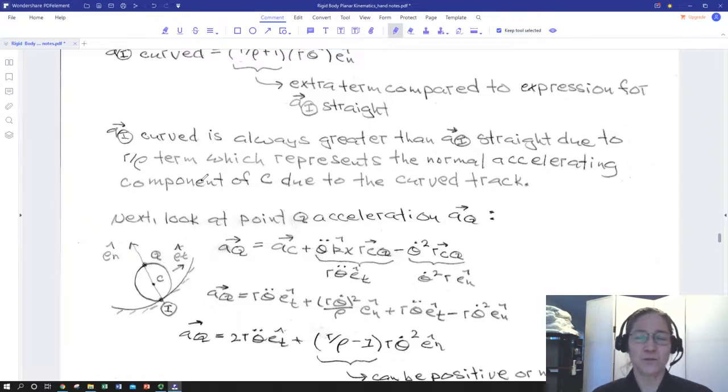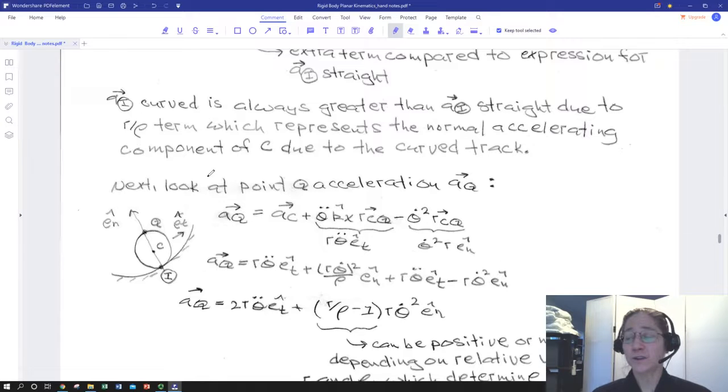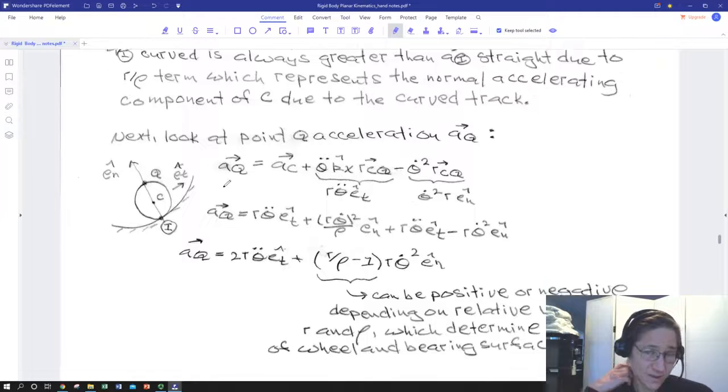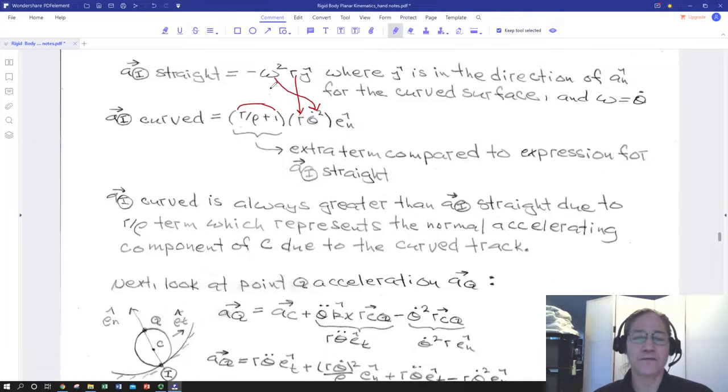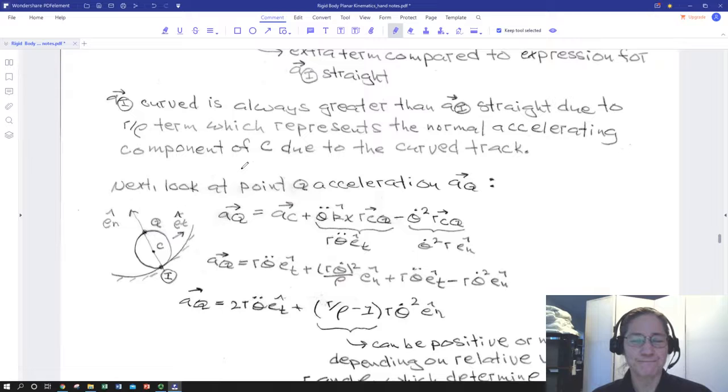So that might have some implications on material choices or thicknesses or surface treatments. So that gets important, especially if we have something that's going very, very fast. If this starts to get very, very large, then this number will get very, very large, and having anything else multiply by it only makes the problem worse.